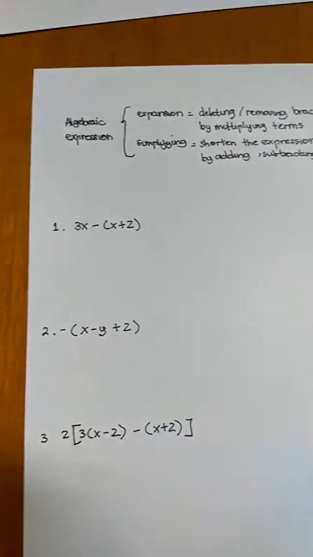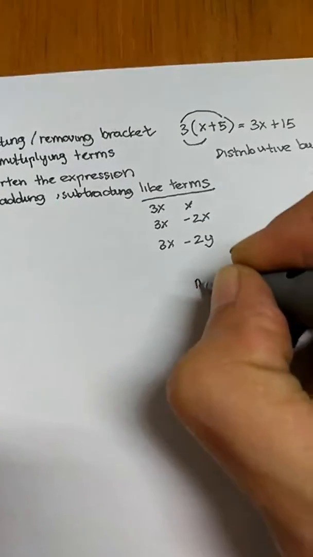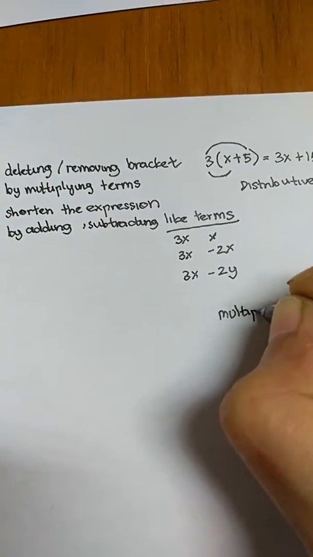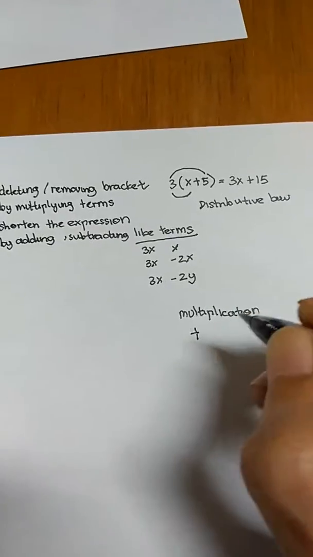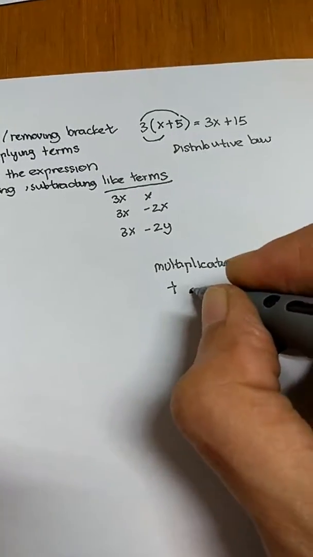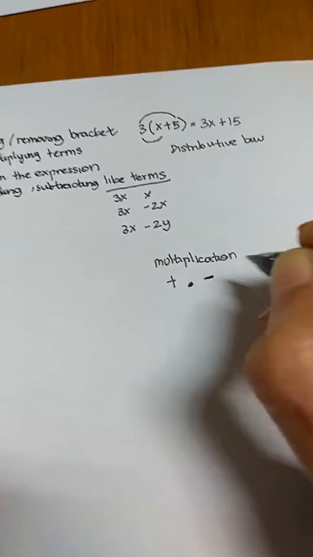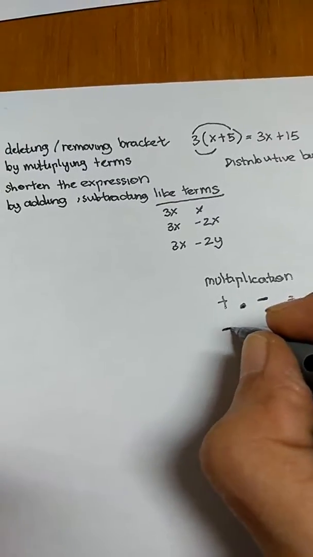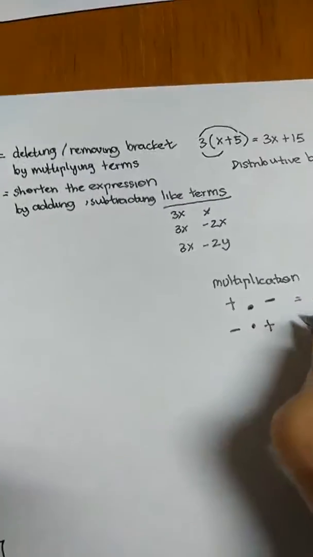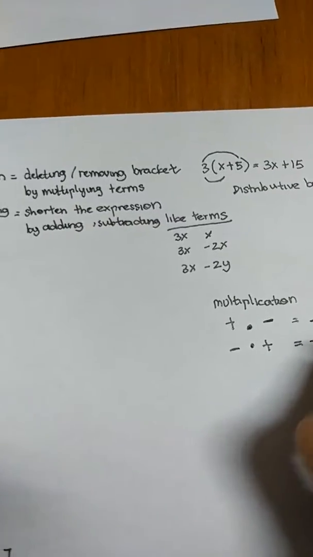The other thing that you need to know before I start discussing these 3 questions is multiplication. If it's plus times negative, the result will be negative. If it's negative times plus, the result is negative.